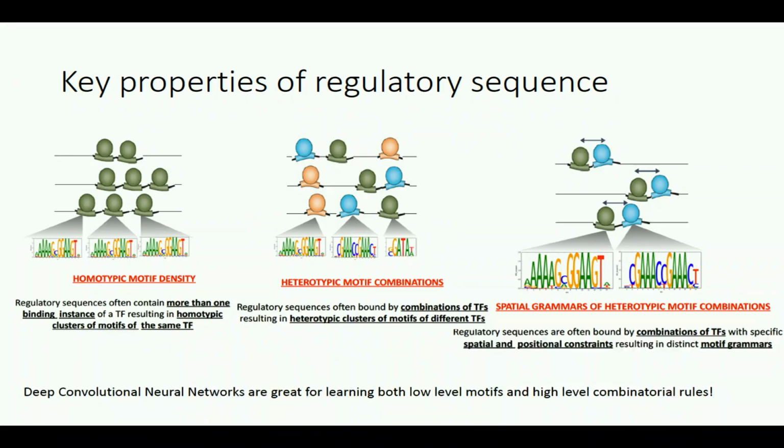A lot of these high-level combinatorial rules can also be learned with the neural network, considering an MLP layer on top of the convolutional layers, which tries to learn this combinatorial effect. So in summary, given this similarity, we consider deep convolutional neural networks as containing a good inductive bias for studying the regulatory patterns in the genome.